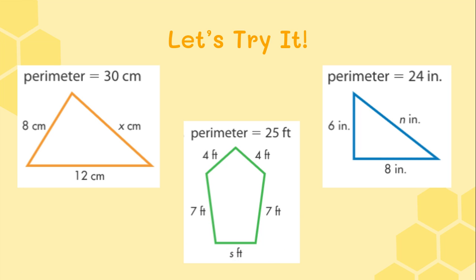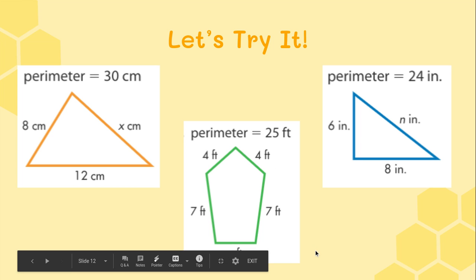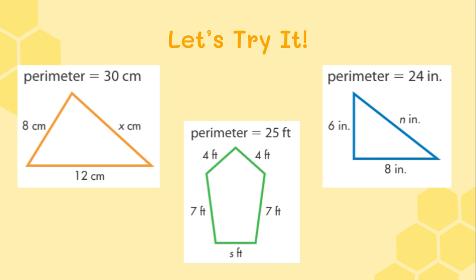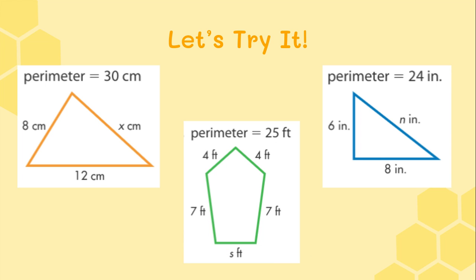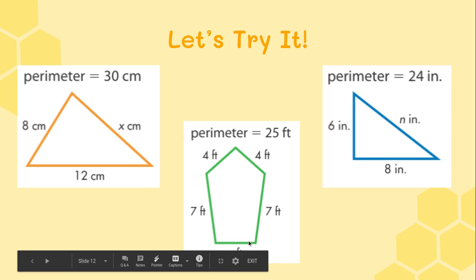It's still just a missing side. They just use a different letter. So all the sides I already know equal 22 feet. Now I'm going to subtract 22 from the perimeter, which is 25. 25 minus 22 is 3, which means this unknown side equals 3 feet.